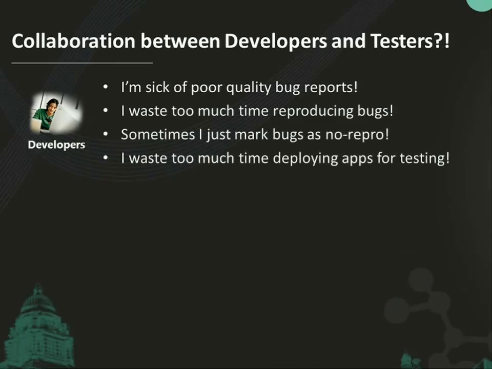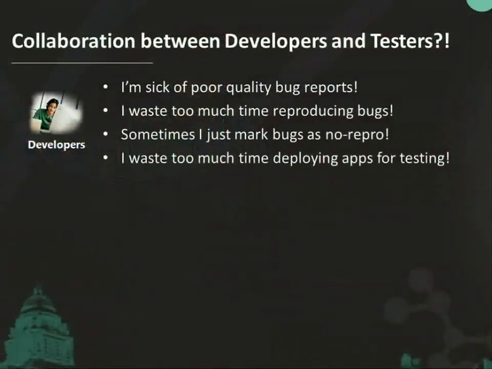So first of all, he's sick of getting poor quality bug reports. So he cannot reproduce the bug. That's also why he often marks bugs as non-reproducible. And he's also wasting a lot of time, or too much time, on deploying applications for testing. So to conclude, I can state that developers are spending too much time to reproduce bugs.